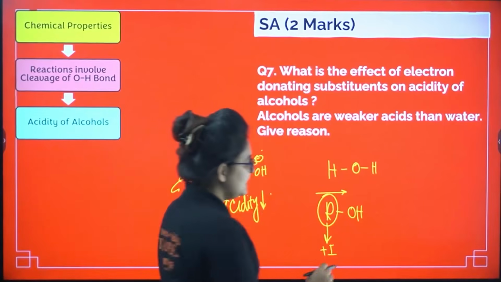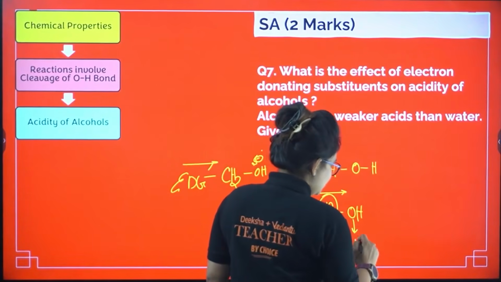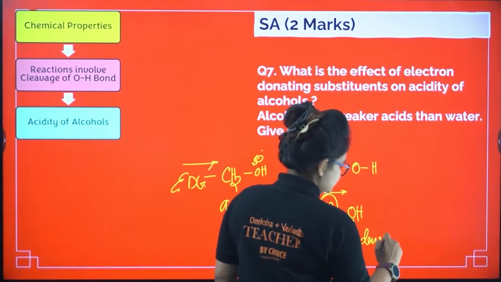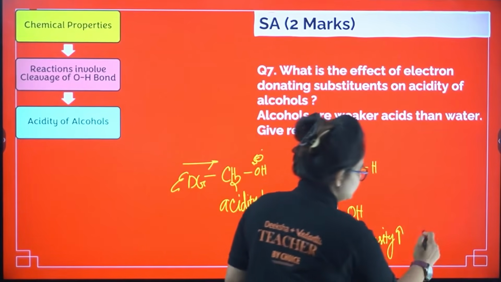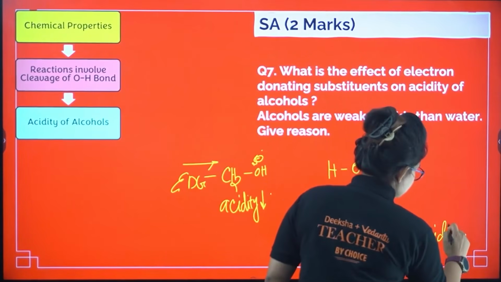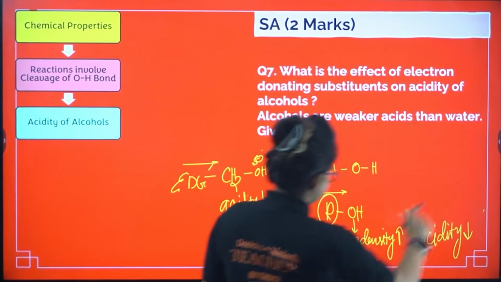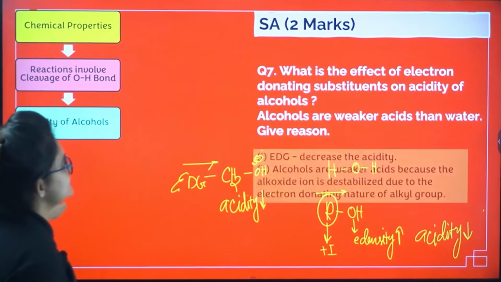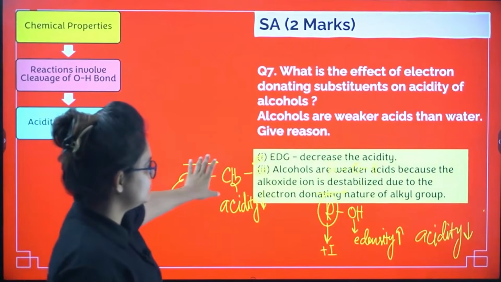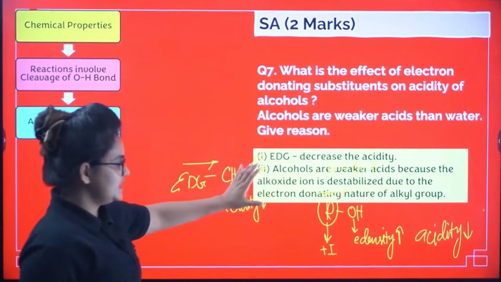It will increase the electron density on oxygen, hence acidity decreases. Here also the same reason. I guess it's clear. Let's proceed. Here the explanation is given.